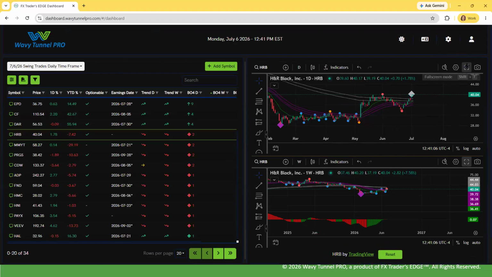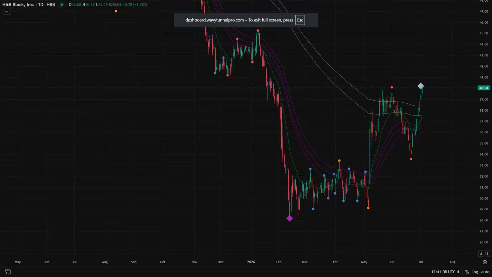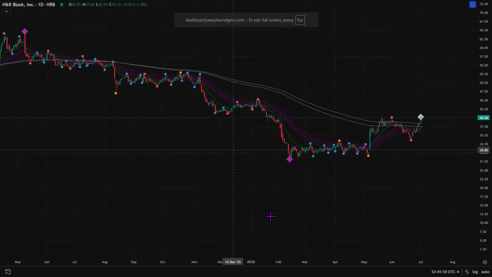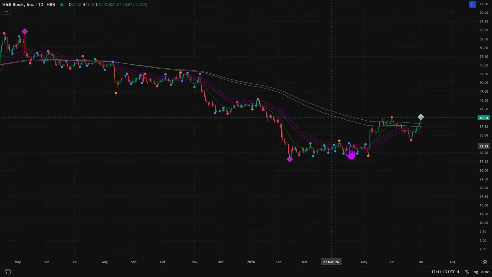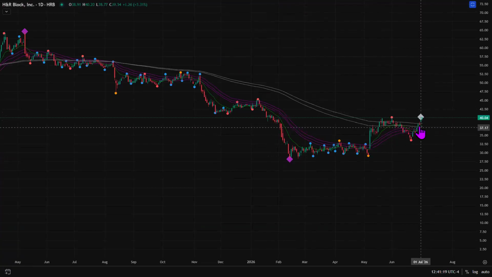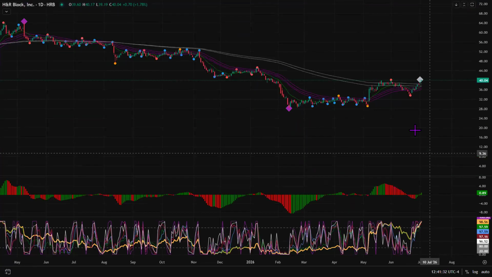We can see that on the daily, where we've had an extended move down and then a move back up to the tunnel. This is where price usually pauses. And if we are going to continue on up and erase this breakout 4 potential for a short, then the wave will cross above the tunnel. Let's put the indicators on.